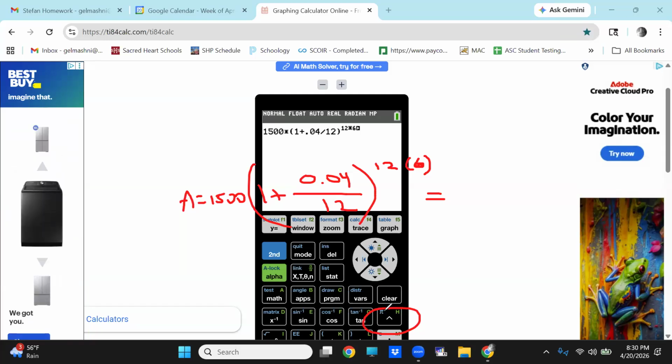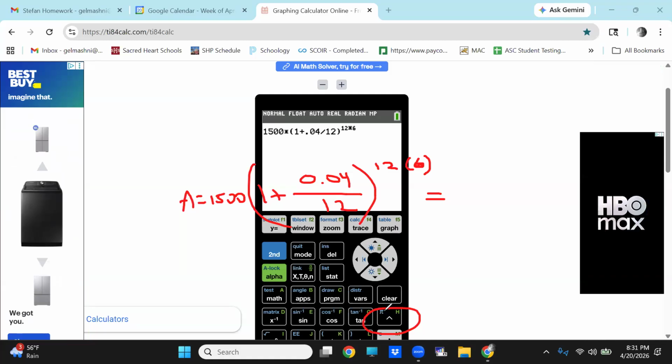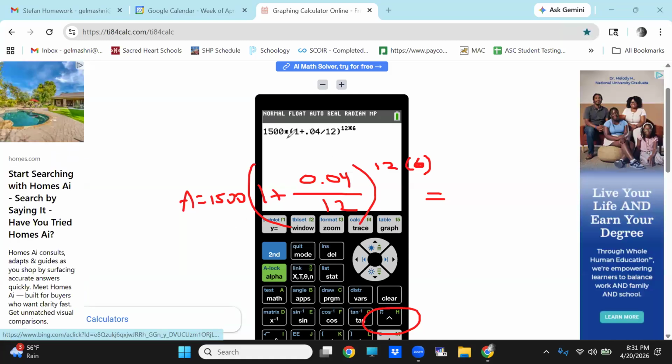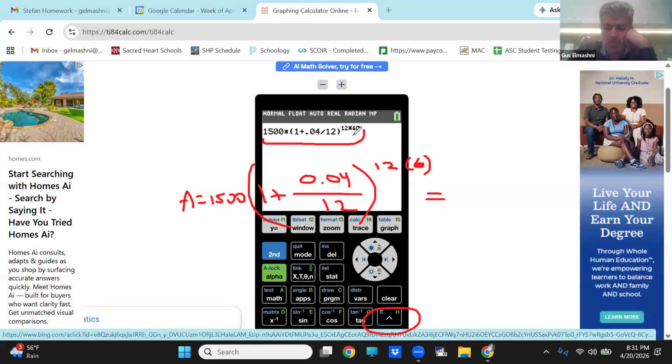I got 1.4929. No, you have to type it in like this. Oh, I didn't raise the 12. So that's what you want. You just copy that. That's it. All right, that's cool.